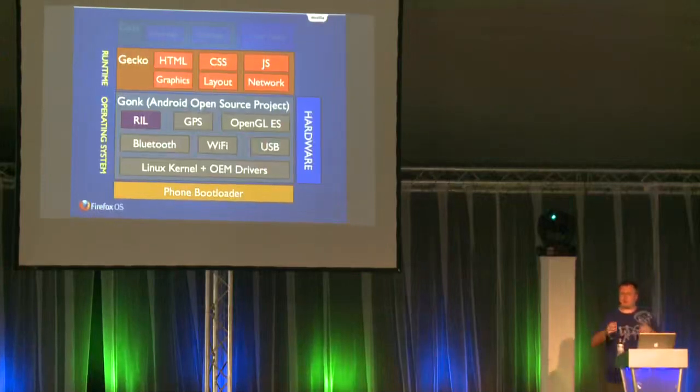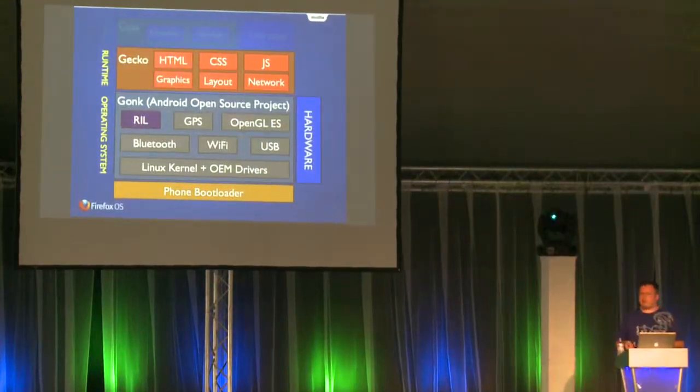It knows about network protocols like HTTP, and it does the rendering of an actual page on your screen. So as soon as Gecko runs on your phone, you basically have a phone that runs Linux with some extra services and a full screen browser. And that's basically the gist of a web-based operating system.